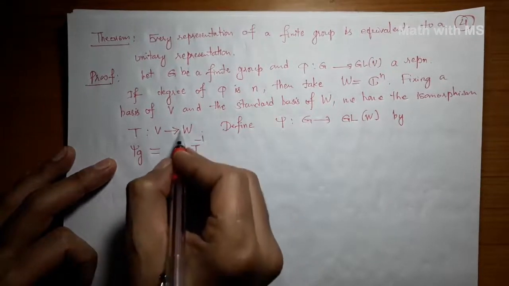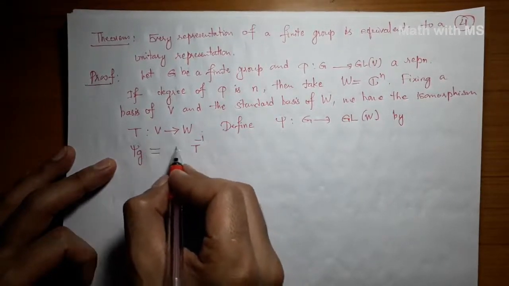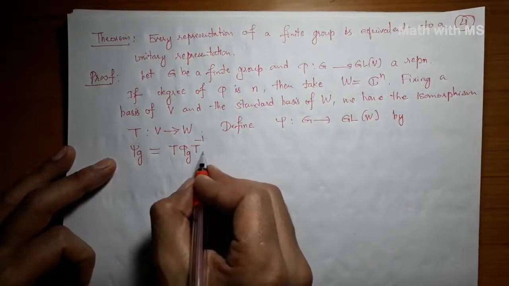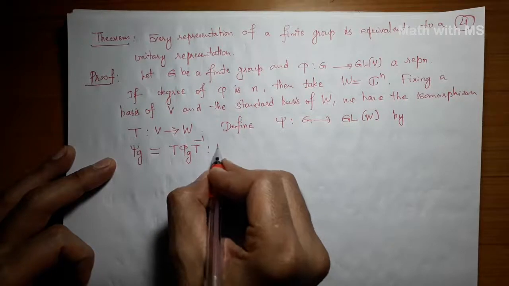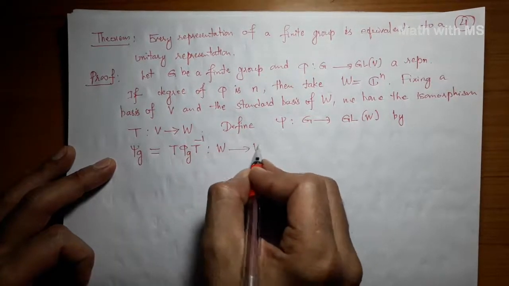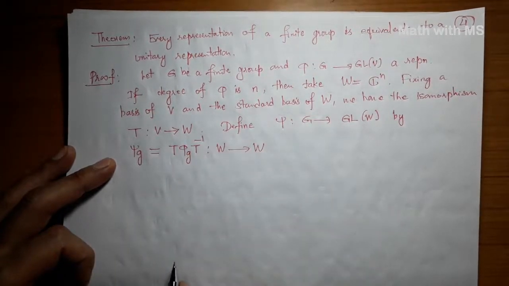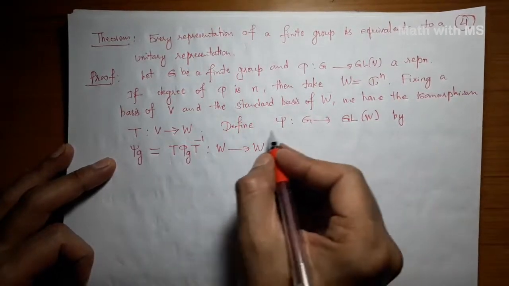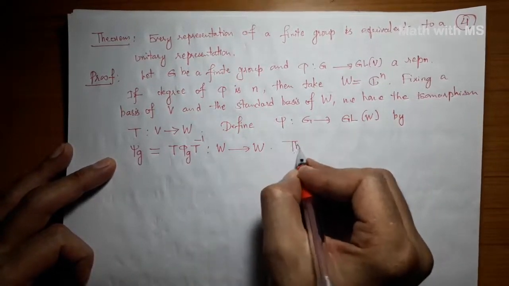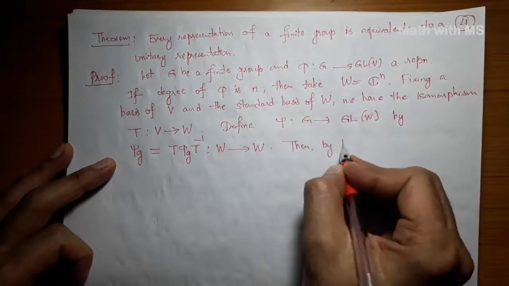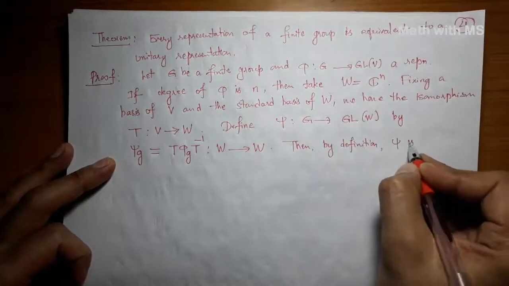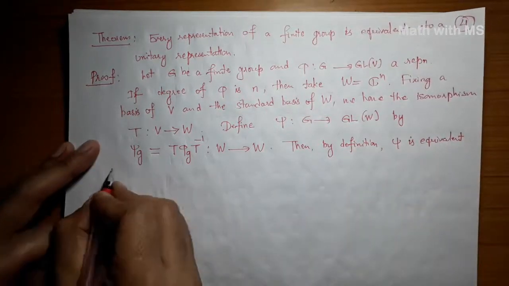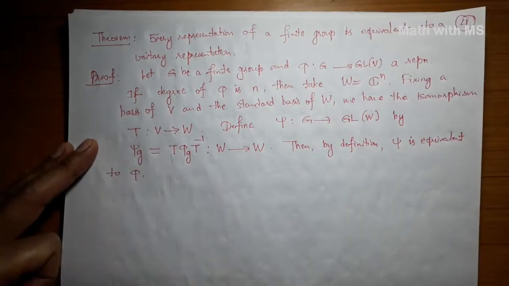All right, then you get from W to V. On V you apply your phi g and then you apply T. So this is, for each g, a map from W to W, right? And this is of course a homomorphism. They define psi to be like this. Then by definition psi is equivalent to your representation phi, right?